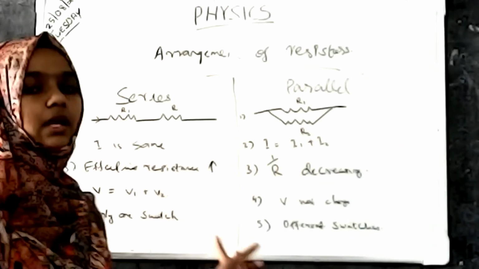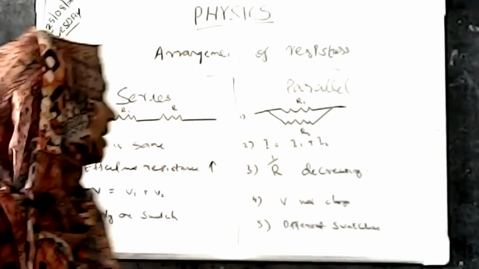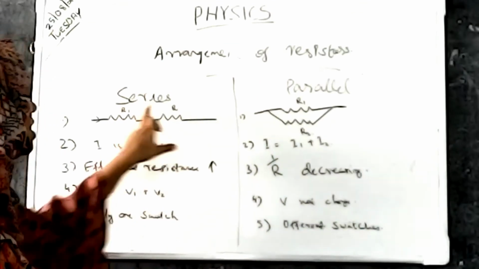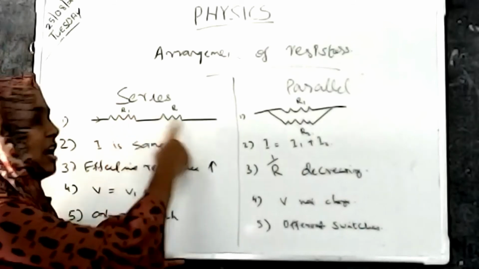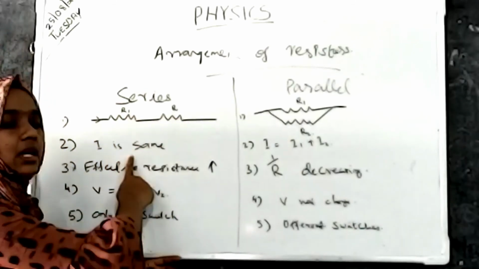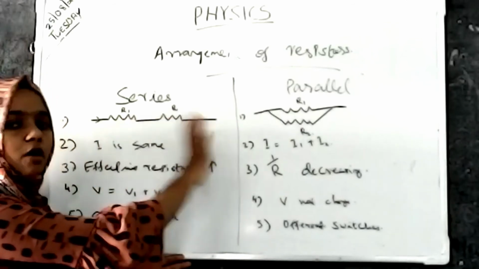So these are the main differences between the series and parallel connection. In series connection, resistors are connected one after another. The current is the same in all of the resistors.